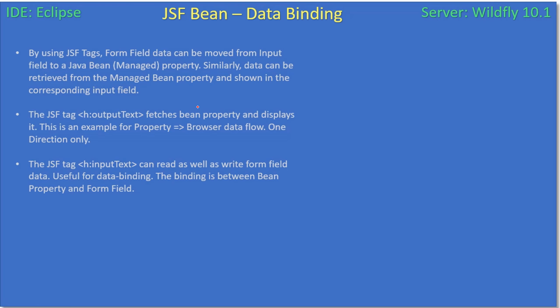So h:inputText, at runtime, will get transformed to an HTML input text field. We already saw that in the previous example. So data flow can occur in two directions. One direction is from the HTML form field to the JavaBean property. The other direction is from the JavaBean property to the HTML form field.